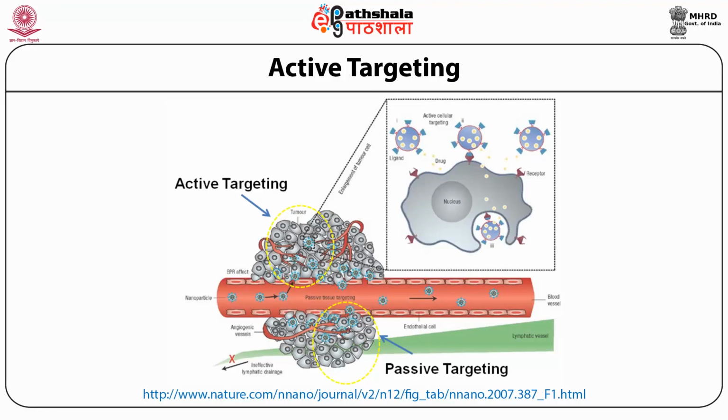In this you can see the basic difference between the passive targeting and the active targeting. The lower part is showing the passive targeting. Passive targeting is due to the special physiology of the diseased part, and this will lead to the attraction of the drug carrier to that diseased part. But in the active targeting, you will attach some targeting ligand that will direct the drug delivery system to the target site.